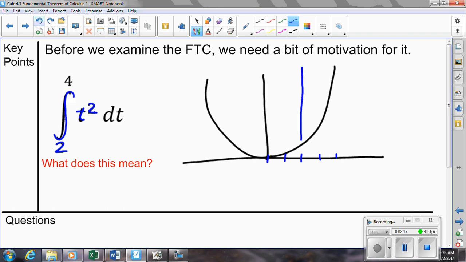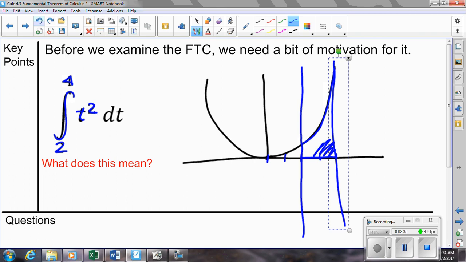Here's 2. From 2 up to 4, and underneath the curve between the x-axis. This region, this notation is just saying what is the area underneath this particular curve. That's all.